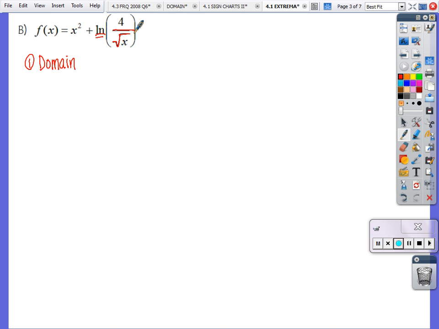So let's start with just finding what is the innermost function. So that's the root of x. So I'm going to take whatever's inside the square root, set it equal to 0. So that makes it really easy. When you put 0 into the square root, you end up with 0.